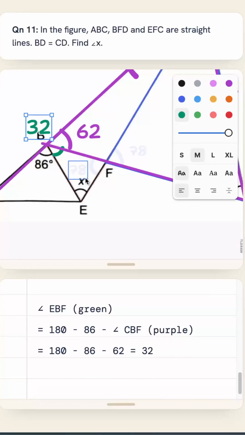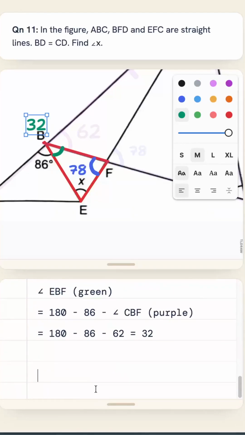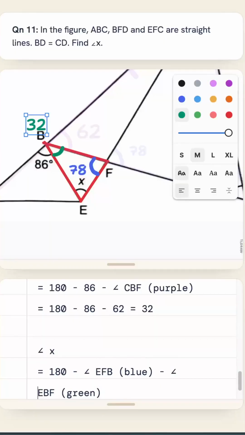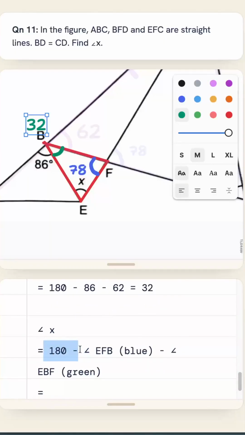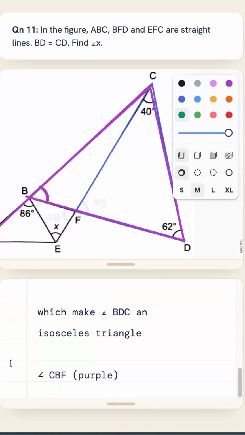And now can we finally find the angle X? Yes, we can. To find angle X, we have to minus out the blue angle and the green angle. So the blue angle is equal to 78, so 180 minus 78, and then minus the green angle 32. So that means to get angle CBF, right?